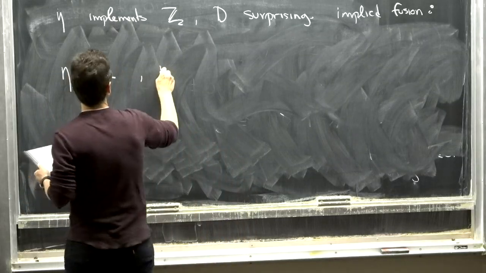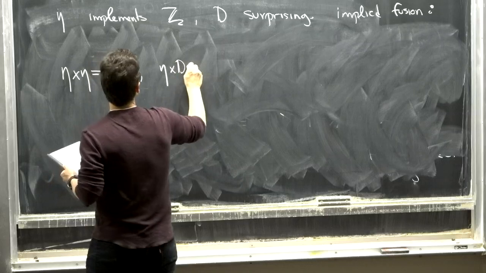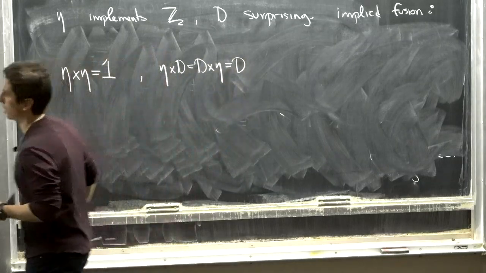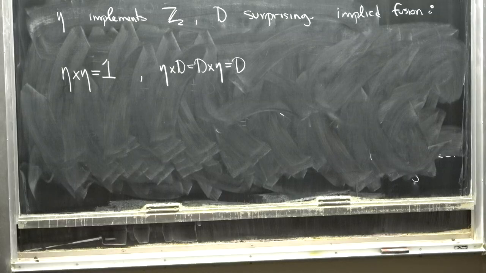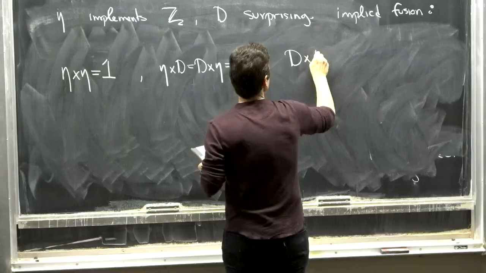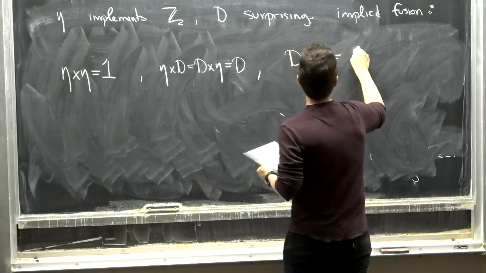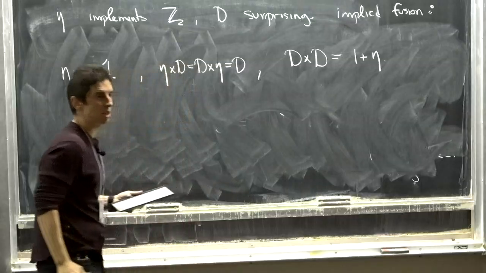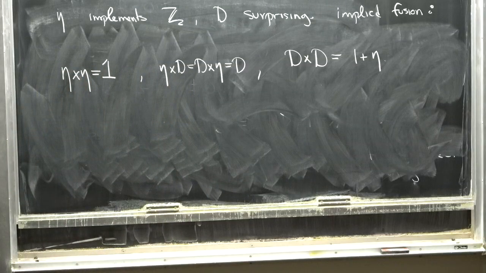You can also see that eta times D is D times eta is D. What I'm doing here is just multiplying the eigenvalues and seeing what I get. So far, nothing too shocking. And here's the money equation: D times D is 1 plus eta. So it's D that is, again, non-invertible, and we see that in the fusion rules and in the eigenvalues.